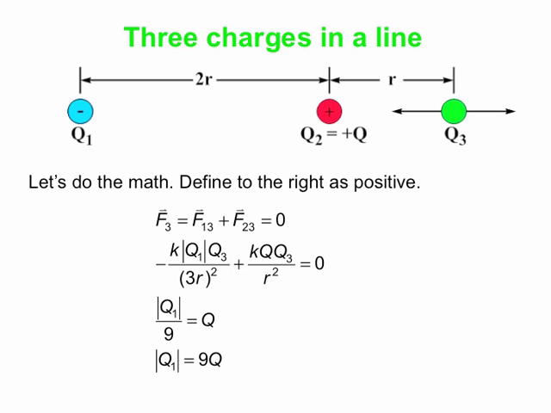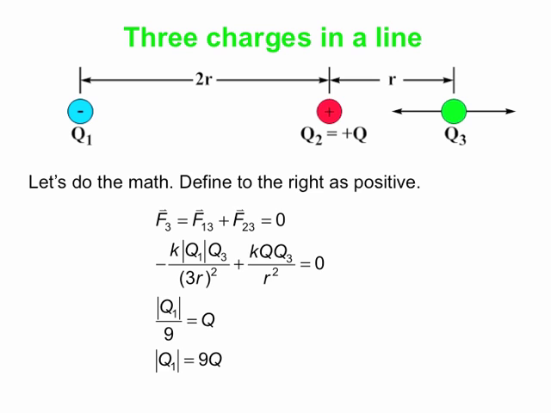Similarly, we can do something similar with charge number 1. We've got 3R squared in the denominator. We've got K times the absolute value of Q1 times Q3, and then a negative sign out front. And that will make all the signs work out properly. We know Q1 happens to have a negative sign, and that'll give us the right sign on that charge, whether Q3 is positive or negative.